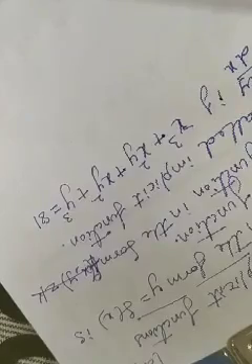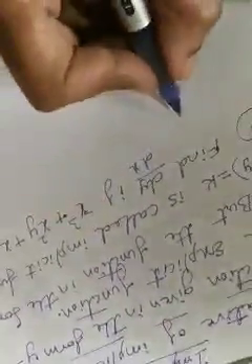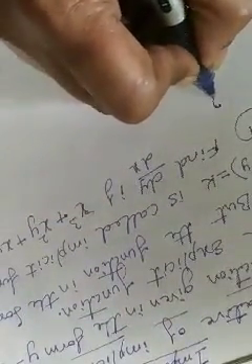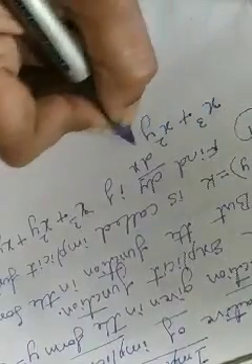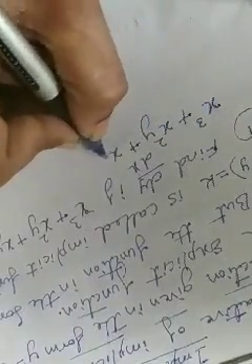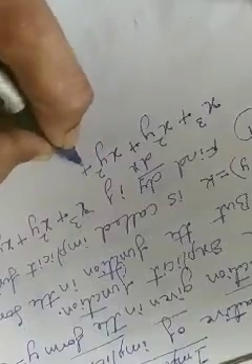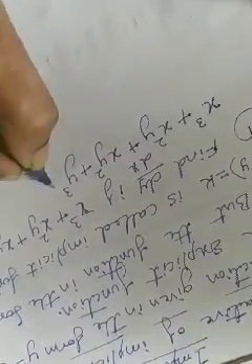This is the given question. Write the given question: x cube plus x square y plus xy square plus y cube is equal to 81.